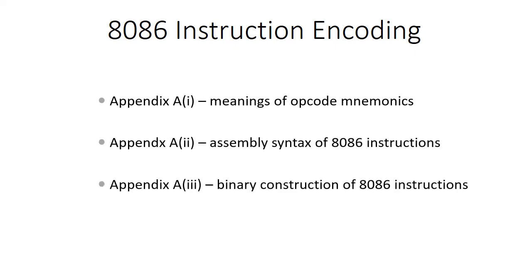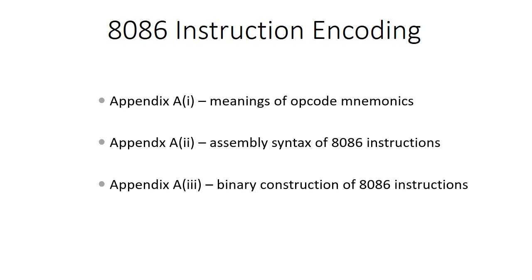The 8086 instruction set given in Appendix A of the notes is organized into three tables. The first table in Appendix A gives the meanings of the opcode mnemonics. The second table in Appendix A2 gives the assembly syntax for the 8086 instructions.